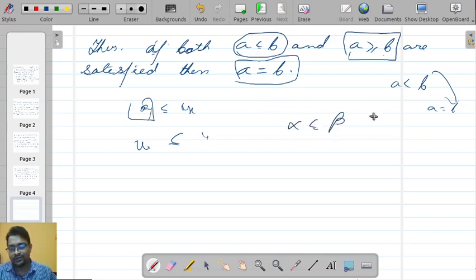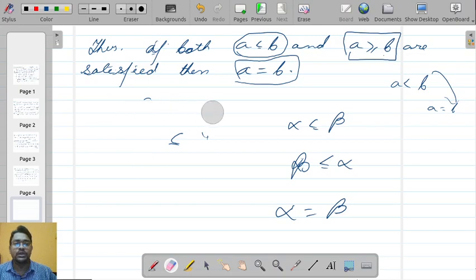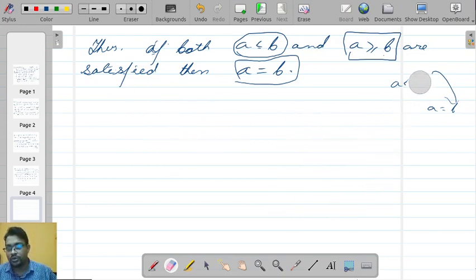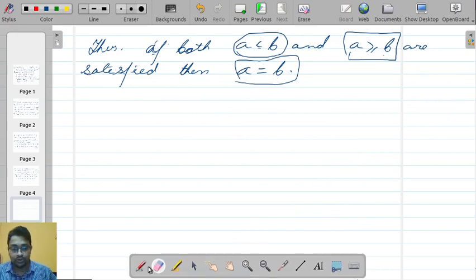Once we show alpha is less than or equal to beta, after some other modification we show that beta is less than or equal to alpha. So from these two we can conclude that alpha is equal to beta. This is a very standard way of showing equality of two numbers in analysis. It follows from the law of trichotomy, because exactly one of them has to be true.